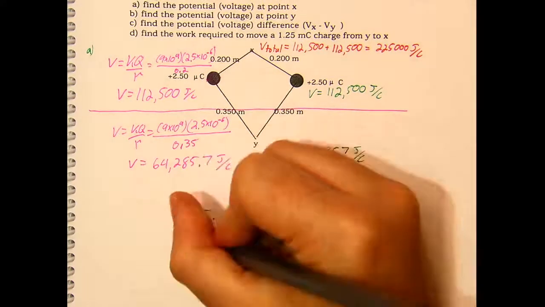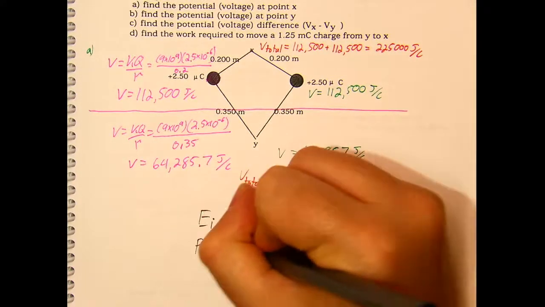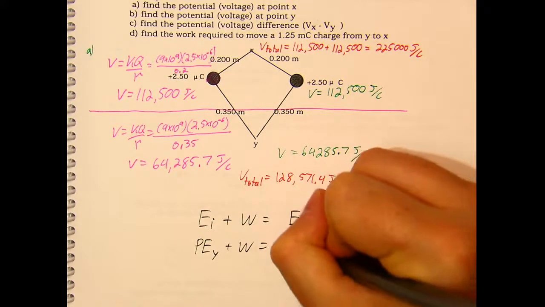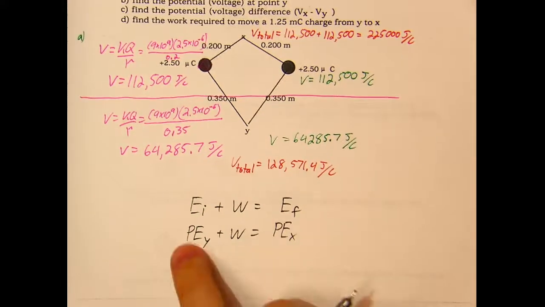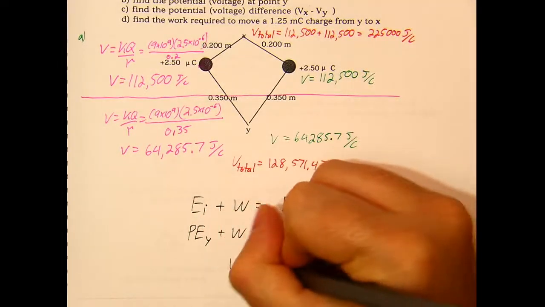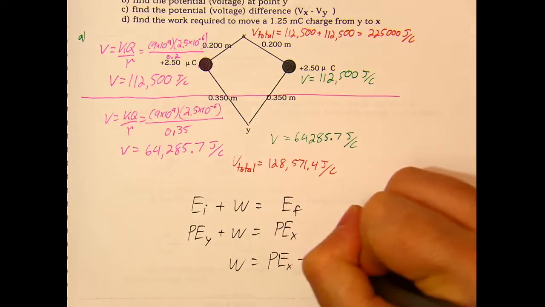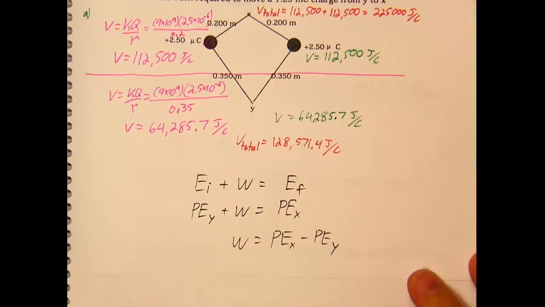So the energy initial is going to be the potential energy at Y plus the work we're trying to find is going to equal the potential energy at X. So I'm going to subtract that over. So work is going to equal the potential energy at X minus the potential energy at Y. Well, the potential energy, we could do it a couple different ways.